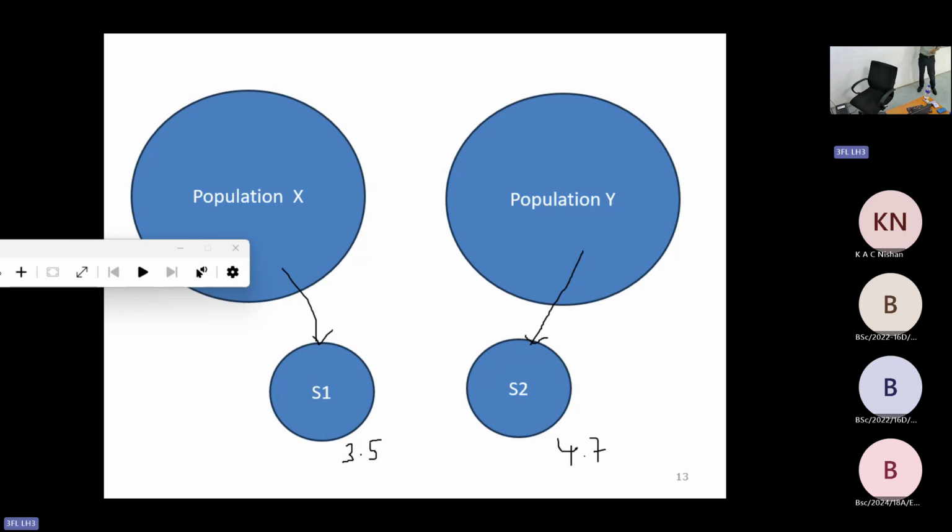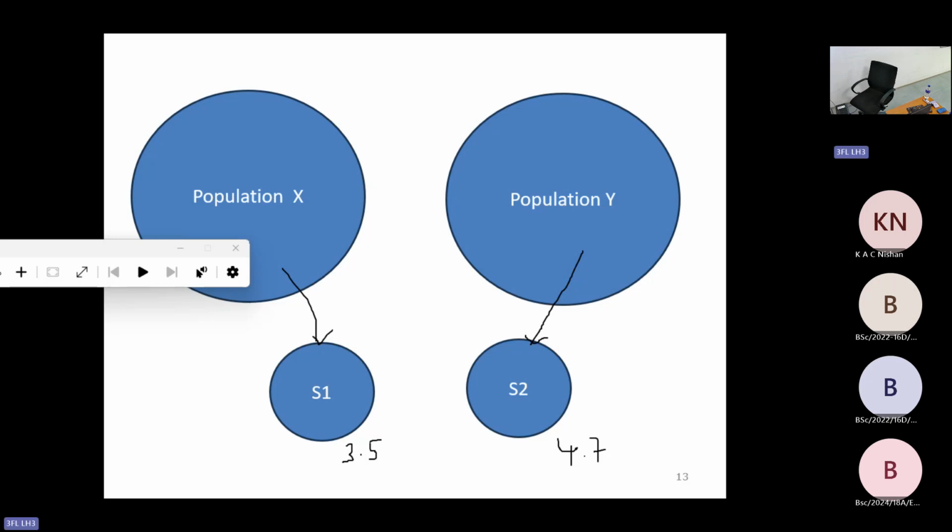S1 is 3.5 and S2 is 4.7. Is it now different? Yes, indeed. 3.5 and 4.7 is quite different. Why? Because it came from two different populations. Is that clear? Now let's work backward.